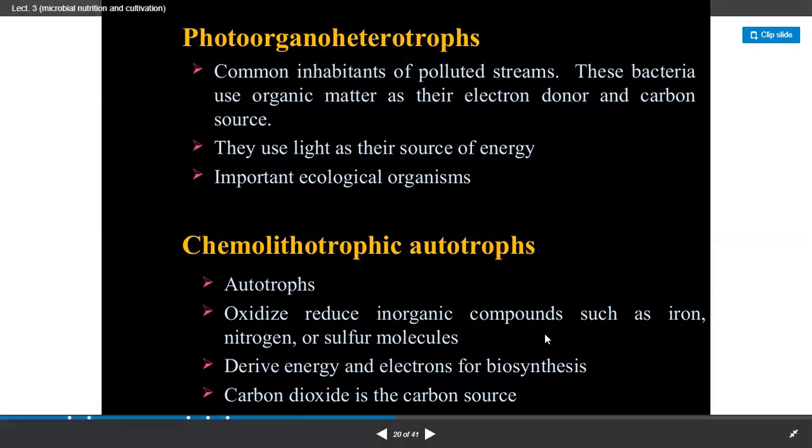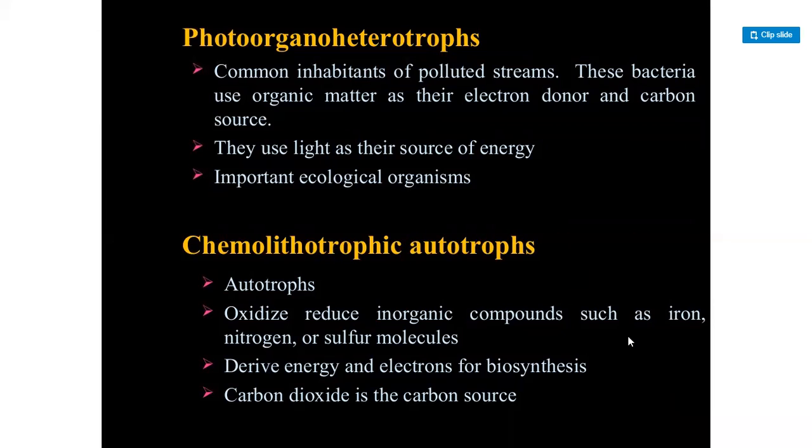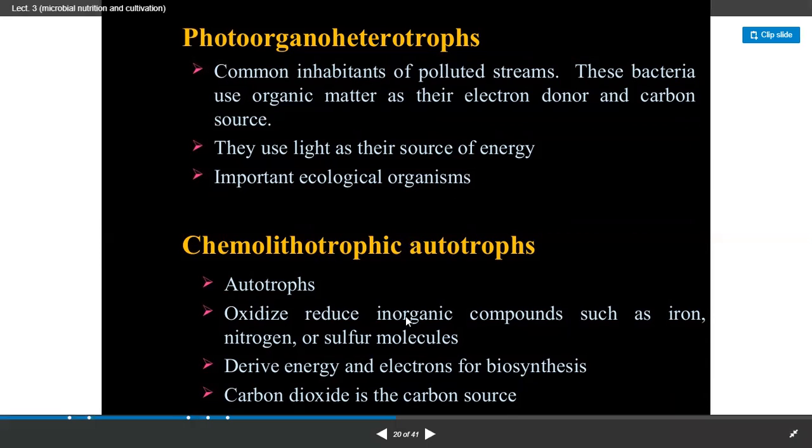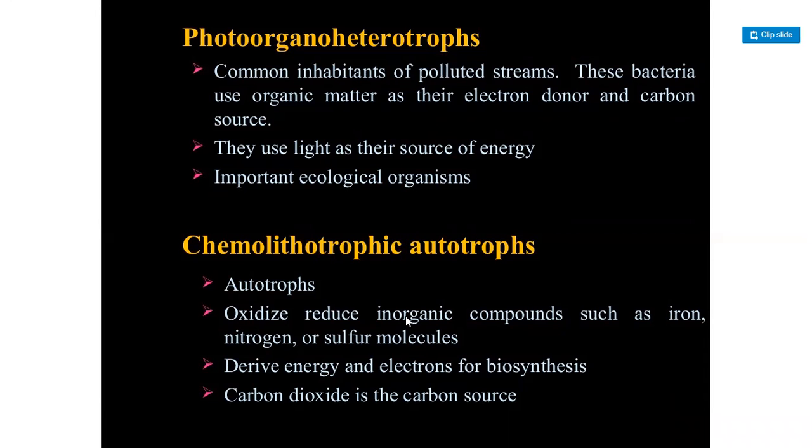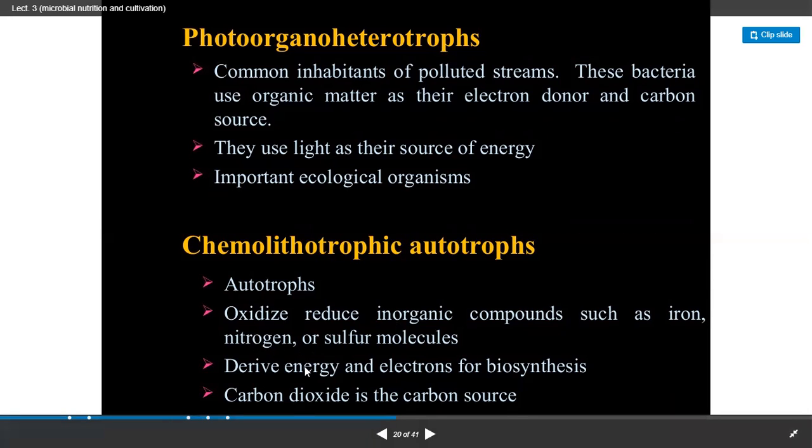So, according to the utilization of light energy, organic molecules and inorganic molecules, these are the classified types of microorganisms. Chemolithotrophic organisms derive their energy from electrons. Carbon dioxide is used as the carbon source.